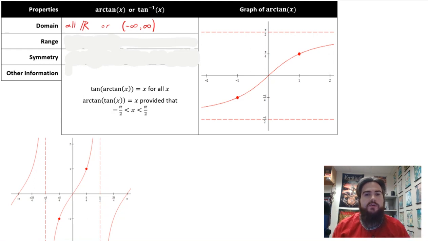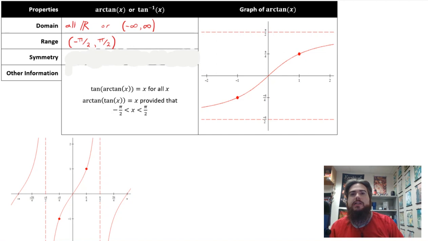The only difference here for arctangent is that we have asymptotes at both of those values. It's not inclusive, it's exclusive. So it's still negative pi halves to pi halves, but with open brackets there. That also is kind of nice when you compare that to arcsecant and arccosecant, which have asymptotes that go right through the middle of their range. A little bit annoying to work with there.